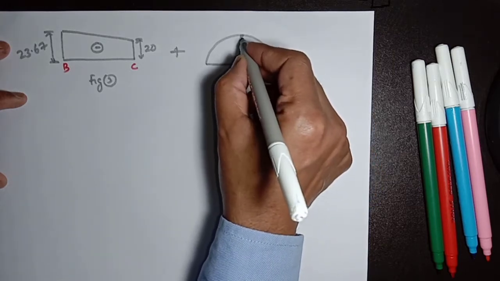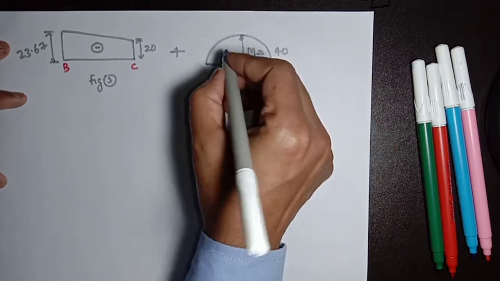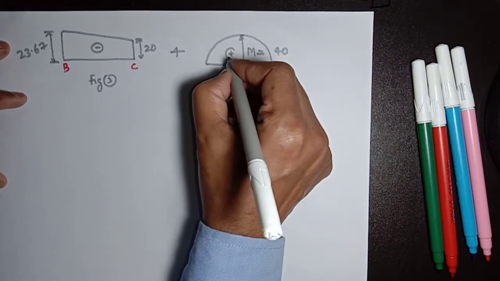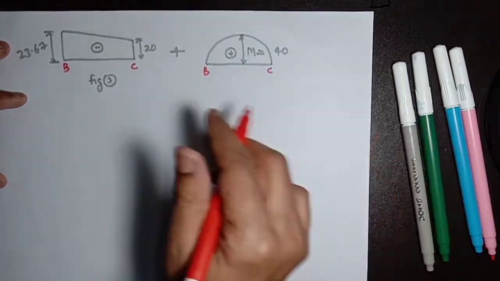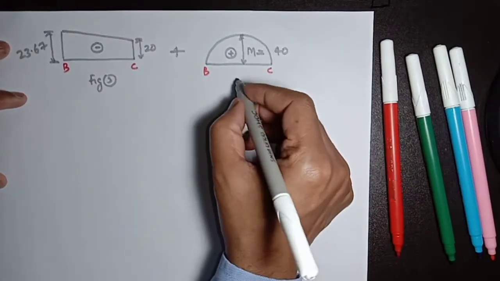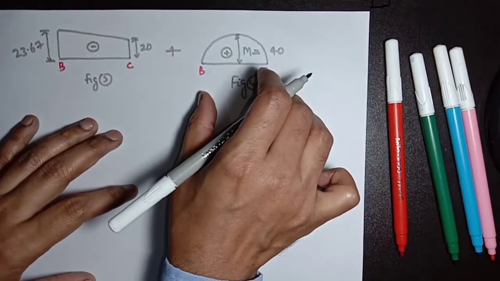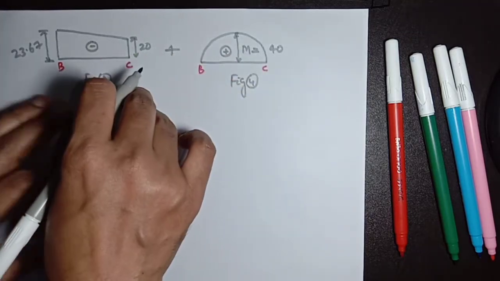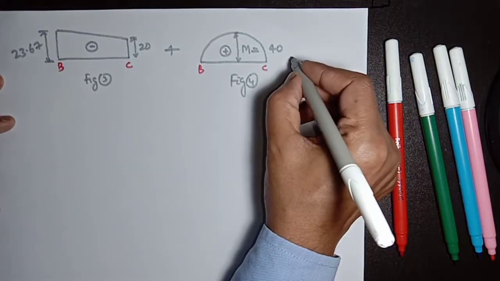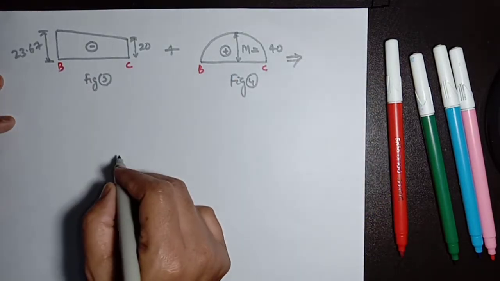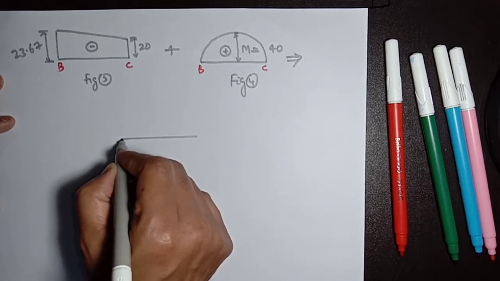Maximum value is M equal to 40 with positive sign. This is the same beam BC, and this is the span moment of the simply supported beam BC, and that is the support moment for beam BC. And by superimposing figure 3 and figure 4, we can draw it here to be something like this.